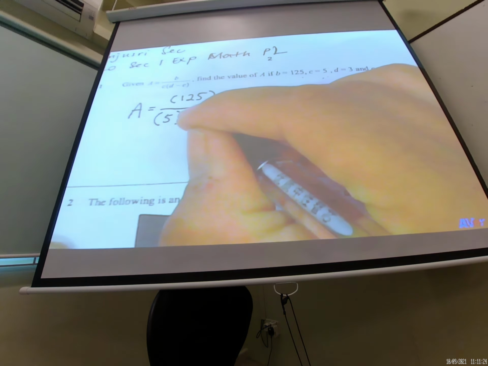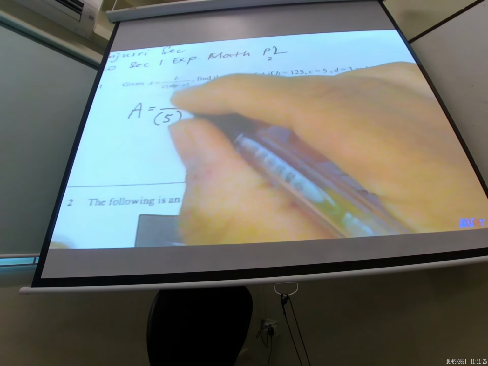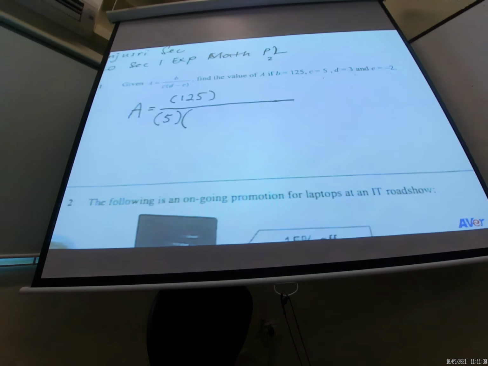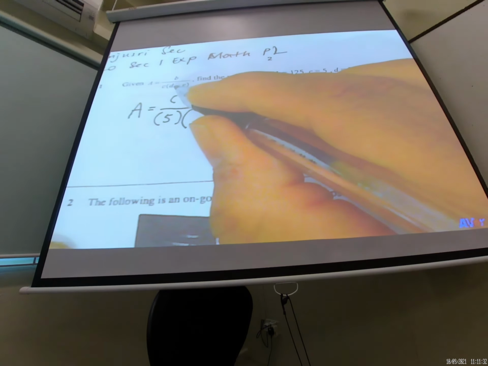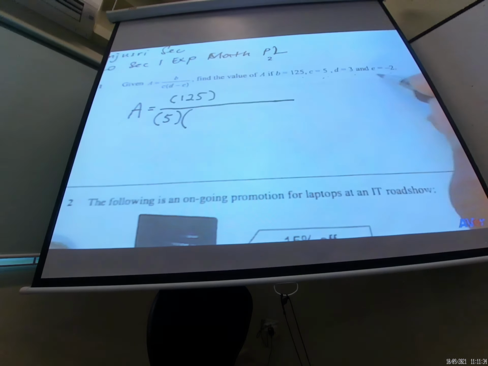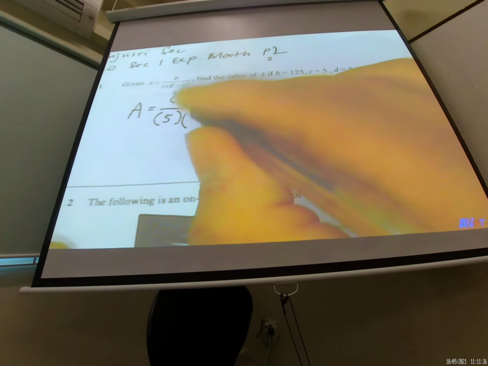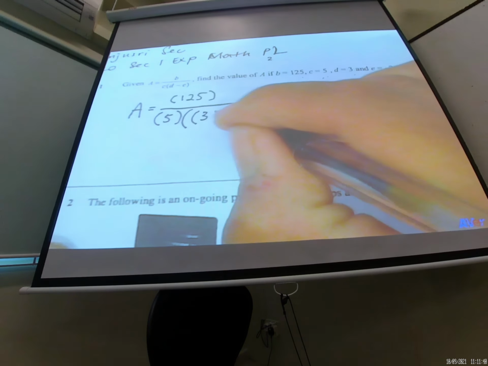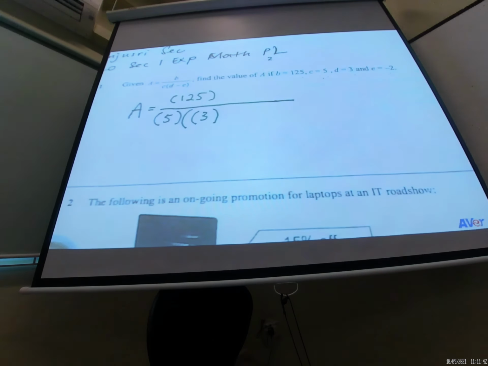The existing bracket outside D and E, we don't change. The bracket is still there. Now we know D is 3, so we substitute D with a bracket and put 3 inside.